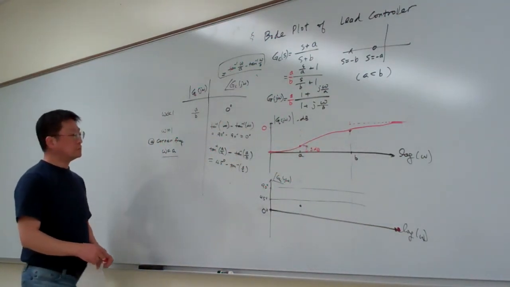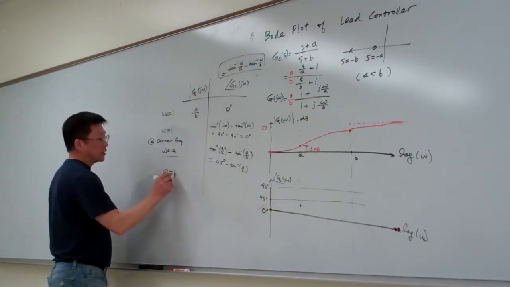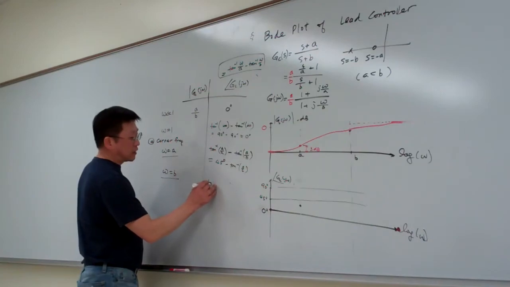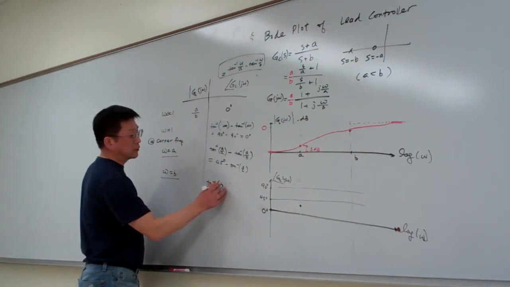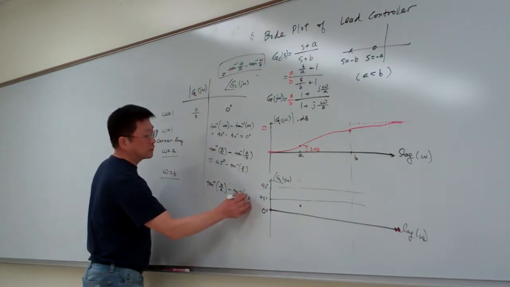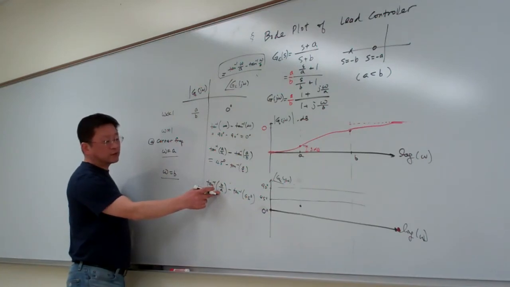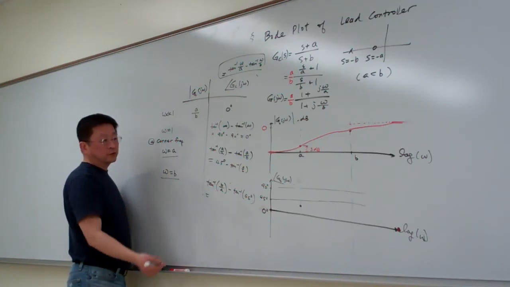Okay, so now we continue at a corner frequency, omega equal to B. So that is arctangent of B over A minus arctangent of 45 degrees. Basically this is B larger than A, so that is arctangent of, for example, 2 or 10.